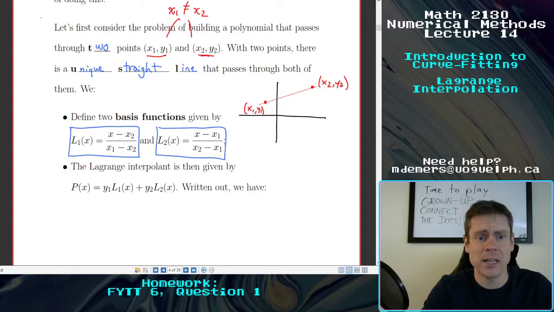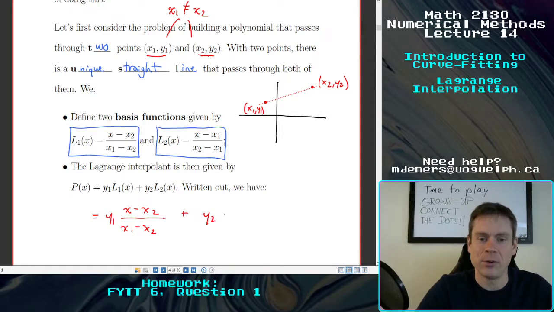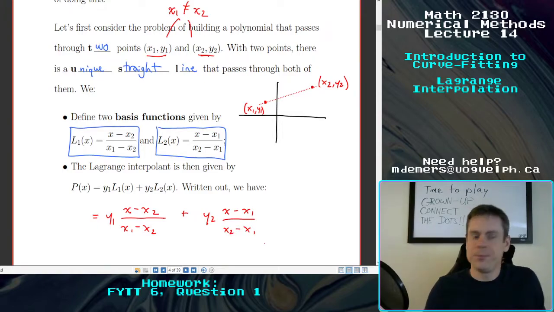So if I write this out, we get y1 times (x minus x2) over (x1 minus x2), plus y2 times (x minus x1) over (x2 minus x1).